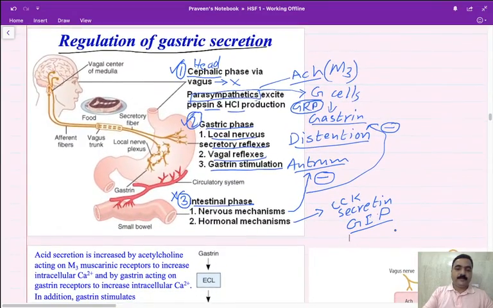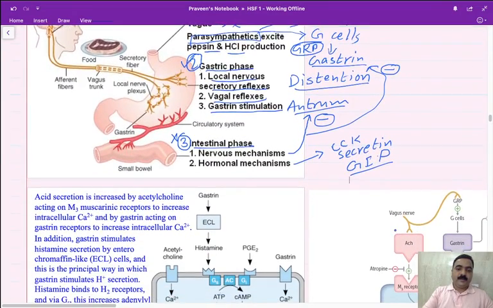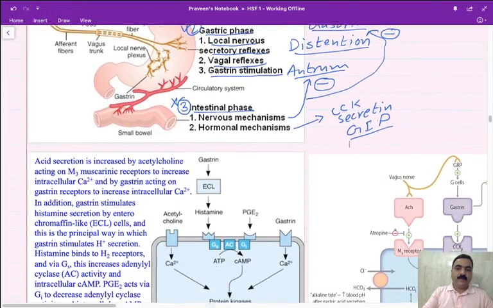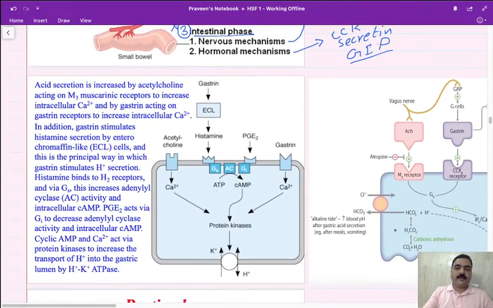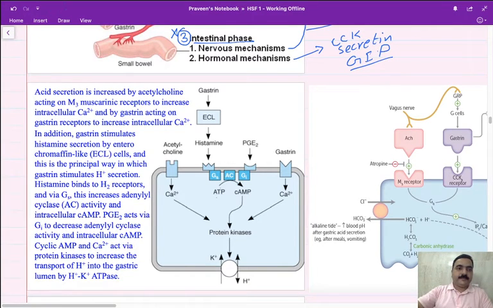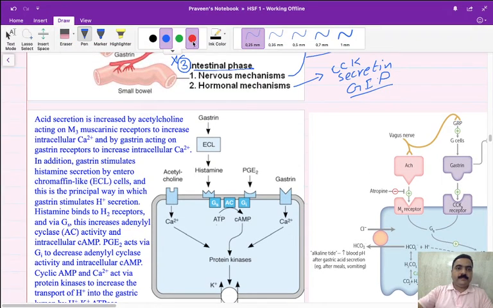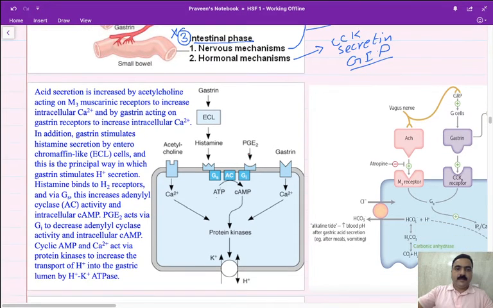Okay, so let's see the details of how the gastrin and the acetylcholine help with this.